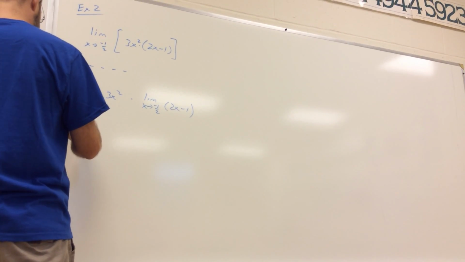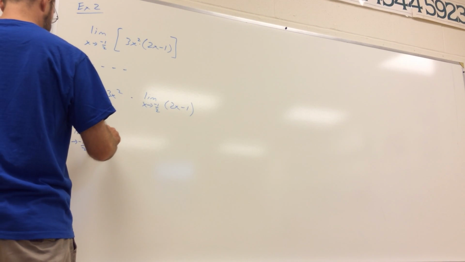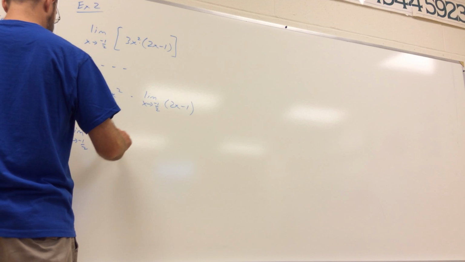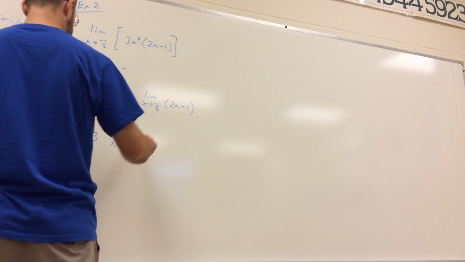So now I'm going to have the limit as x approaches negative a half of 3 times the limit as x approaches negative a half of x squared.